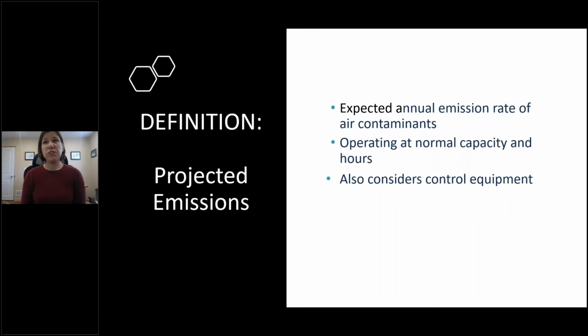Projected emission rate is often much lower than the PTE. They are basically your realistic best guess as to what your emissions will be. They aren't required in your permit application, but they can be very helpful to your permit engineer to determine appropriate emission limits.